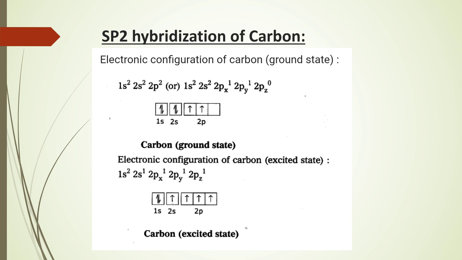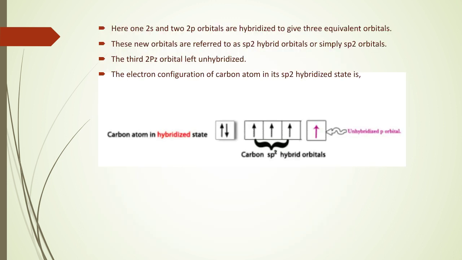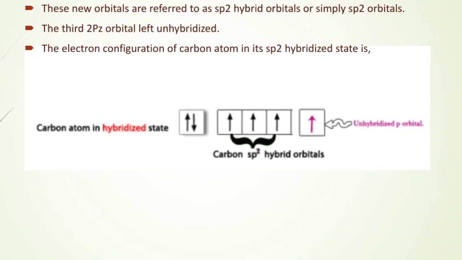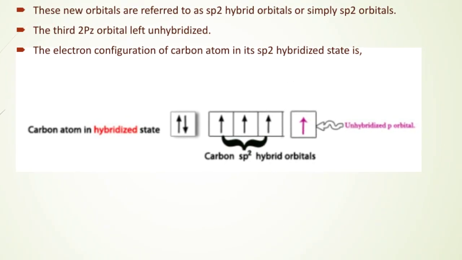There are 3 sp2 orbitals formed because of the interaction between the one 2s orbital and 2 2p orbitals. This is what happens after the interaction of the 1 2s and 2 2p orbitals. There are 3 sp2 hybrid orbitals formed.